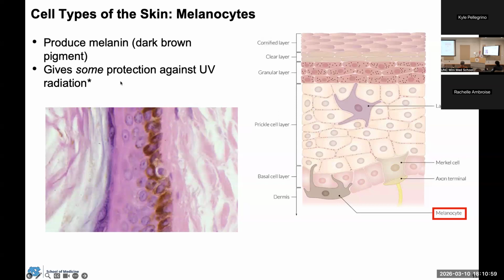Melanin gives some protection against UV radiation, but I will let our faculty speaker go into that a little bit more in detail later. And just to note, we all come in different skin tones. Some of us have darker skin than others, and the difference is not the number of melanocytes that we have, but it's basically how active those cells are. If they are more active, they're going to be producing more melanin, and you'll have darker skin tones.